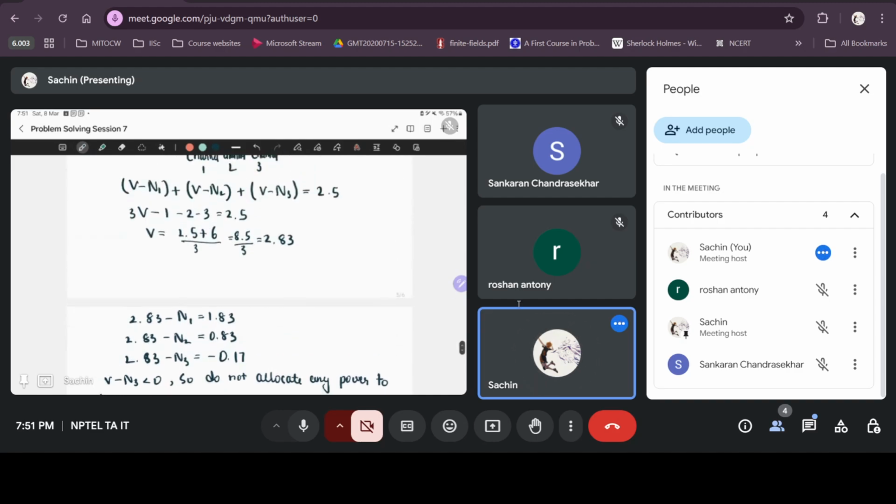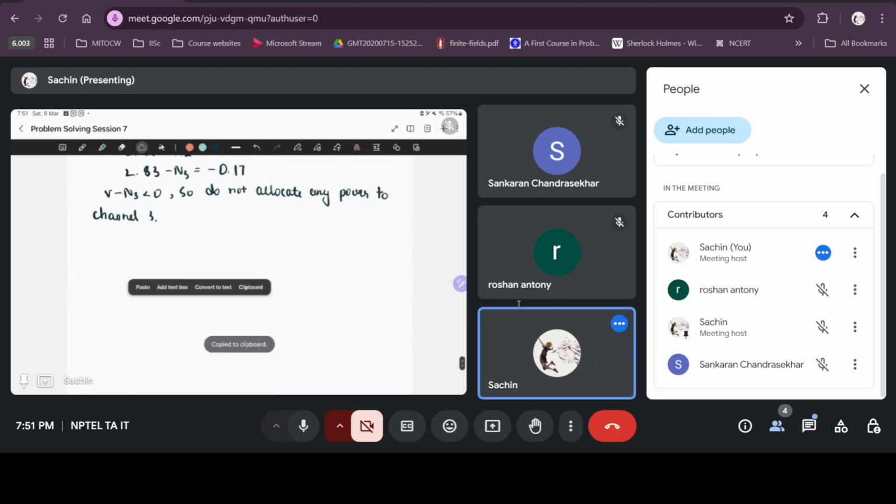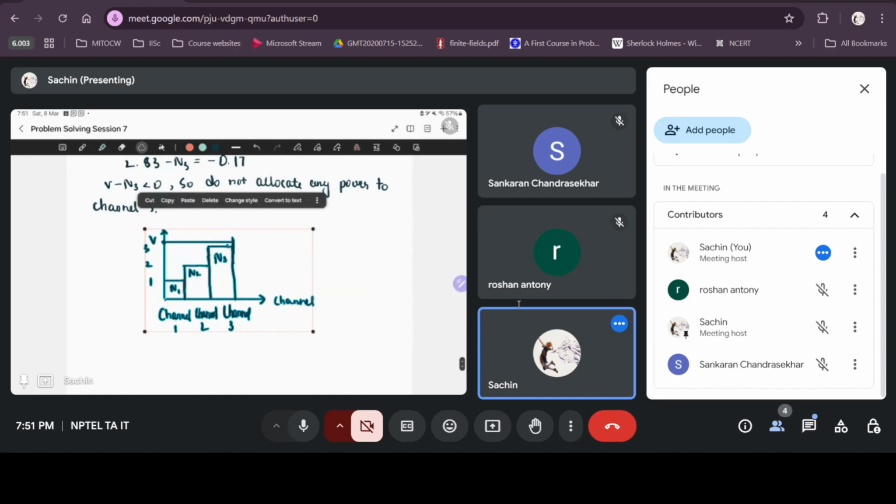So now in this picture you're not allocating any power to channel 3. There's no power above the third channel. So the water or power is sitting at some point here. You are allocating this much to channel 1 and this much to channel 2.